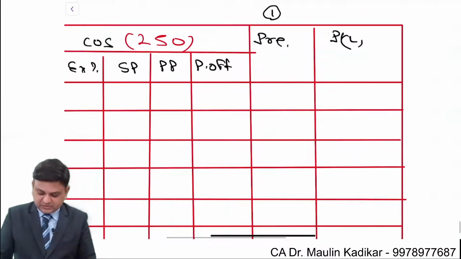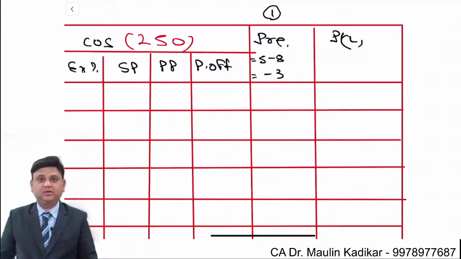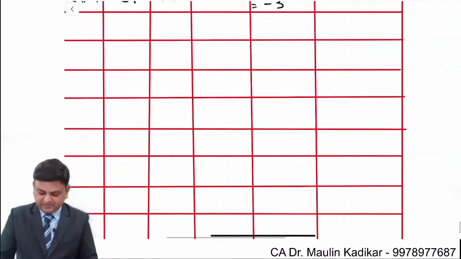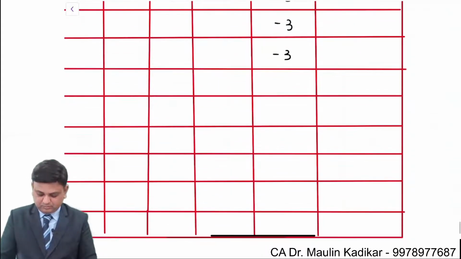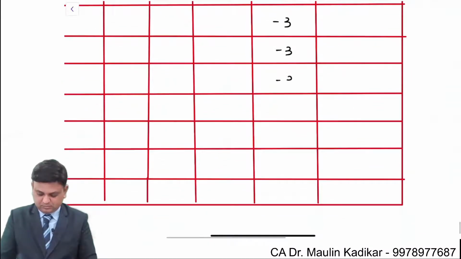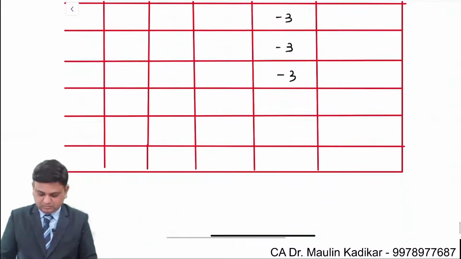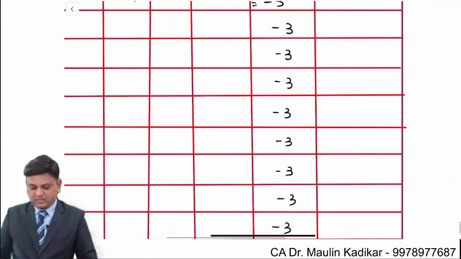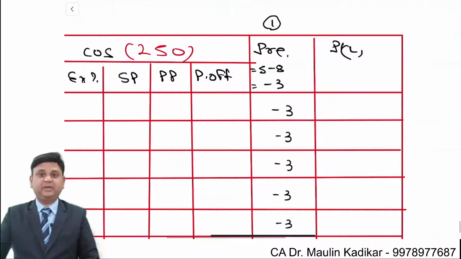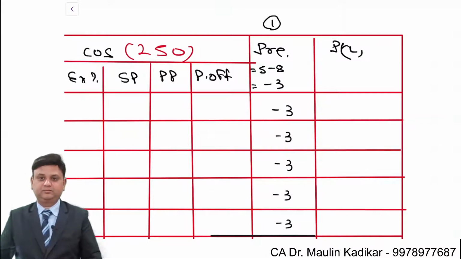So what will happen? It is 5 minus 8. That comes to negative 3. So we understand that it is negative 3 in all the situations. So that is the way the premium amount will be calculated. Okay.